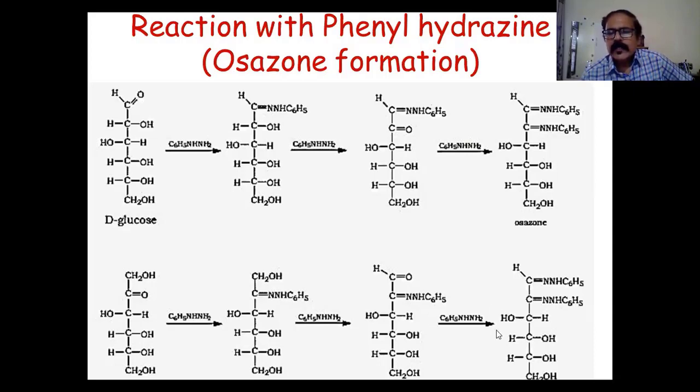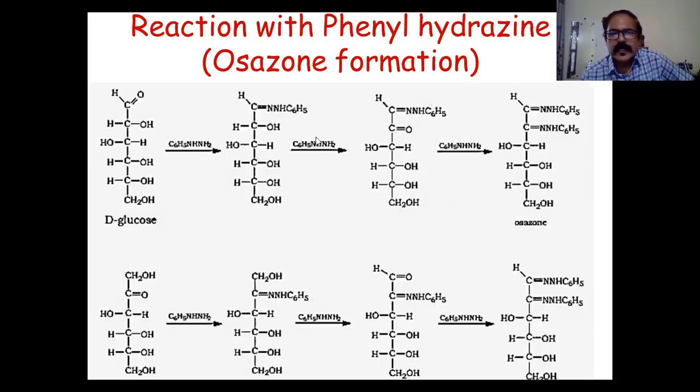Now the third molecule of phenylhydrazine will react with this, and 2 hydrogens and oxygen will go out as water, and this nitrogen will be attached to the carbon, giving NHC6H5. Like this, the same osazone comes from glucose and fructose.